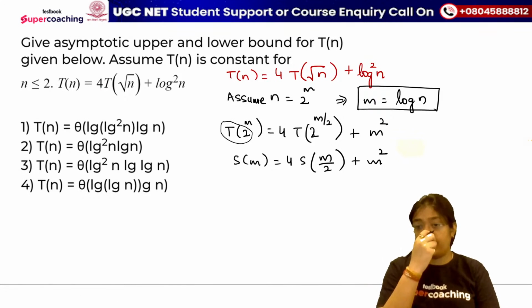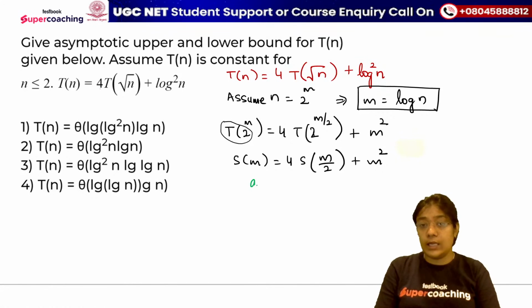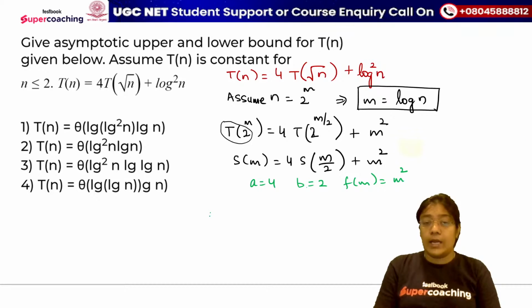Here the value of a is 4, b is 2. Tell me what will be the answer. A is 4, b is 2, f of m is m square. m raised to power log a with the base b. So it is m raised to power log 4 with the base 2.